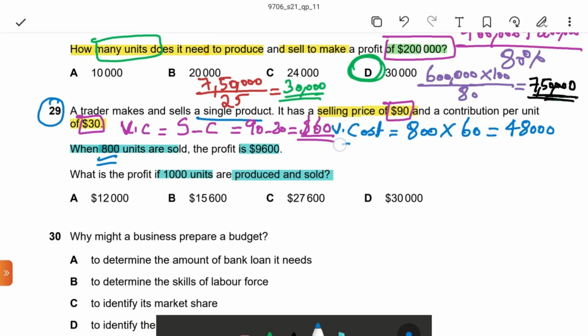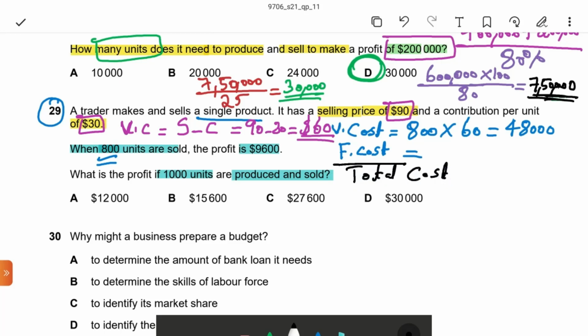Now we have to calculate the fixed cost. Variable cost plus fixed cost is equal to our total cost.